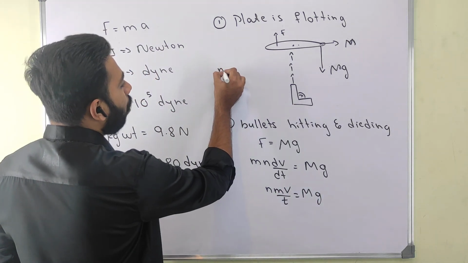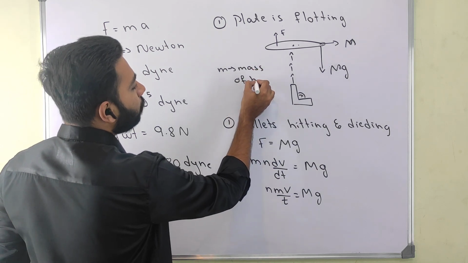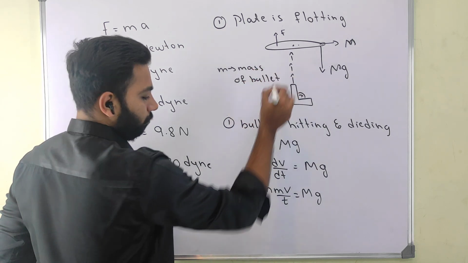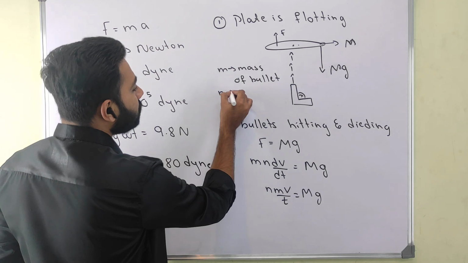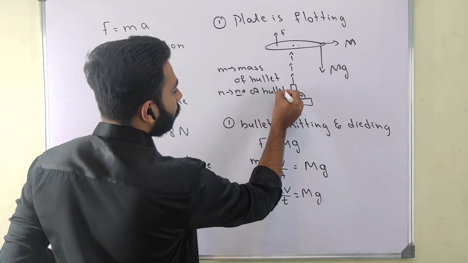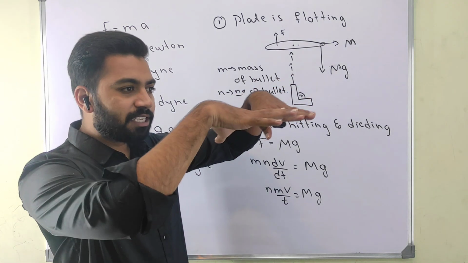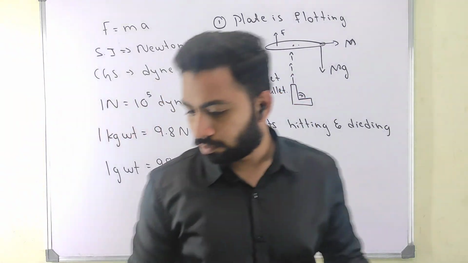See, here this small m is mass of bullet and n is number of bullet. See, बोलने का ये है, when you are shooting, एक plate है, it is floating. Wait, I will show.